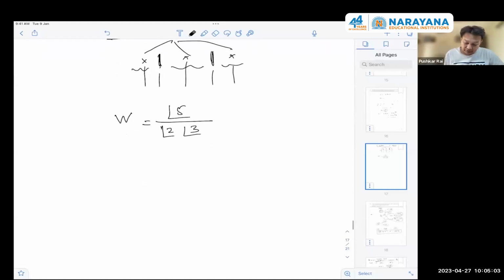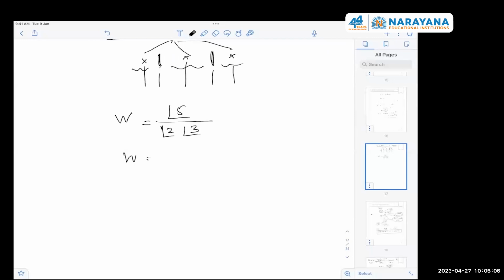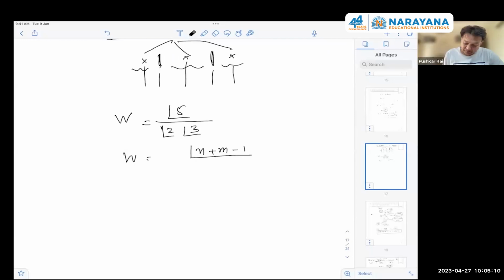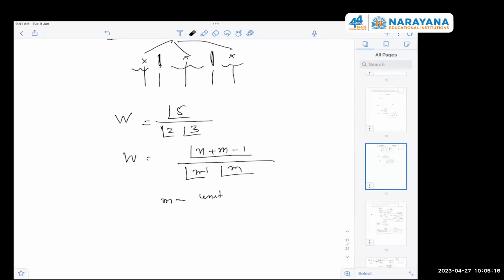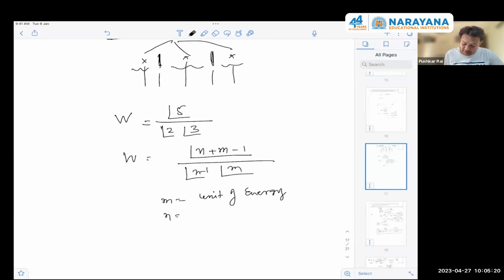You can also write a formula like this. W is equal to (N plus M minus 1)! over (N minus 1)! M!, where M is the unit of energy and N is the number of molecules. That's W. So Nikhil, think about it.